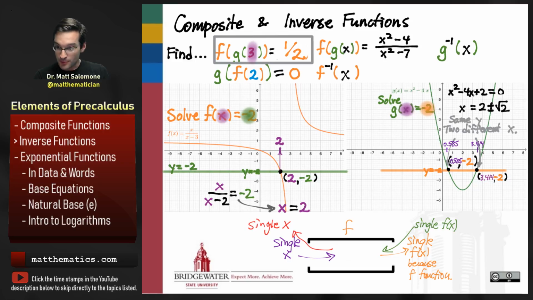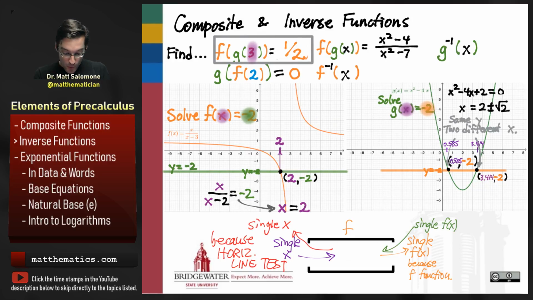And that's true because this graph passes the horizontal line test. Horizontal line test, again, meaning nothing more than that every horizontal line that I can draw on the graph of f of x is only going to meet my graph a maximum of once. There's no horizontal line that meets this graph in more than one location.